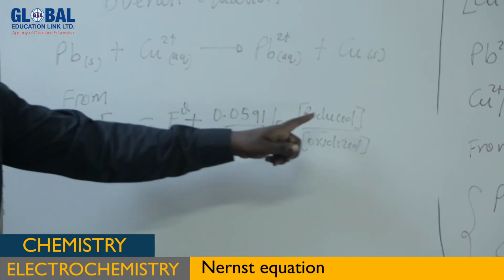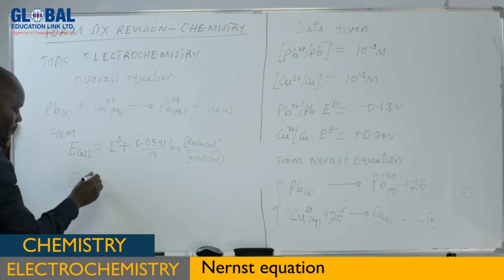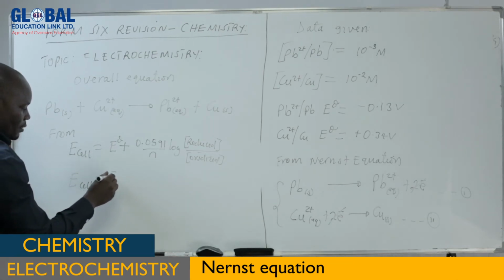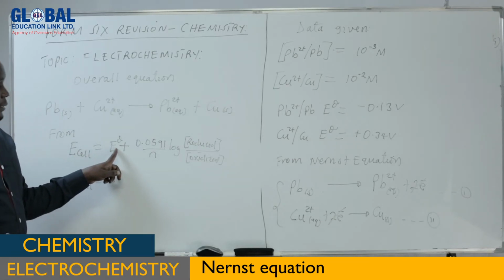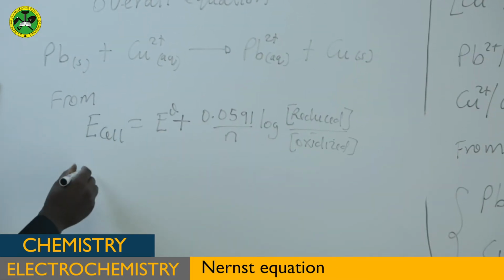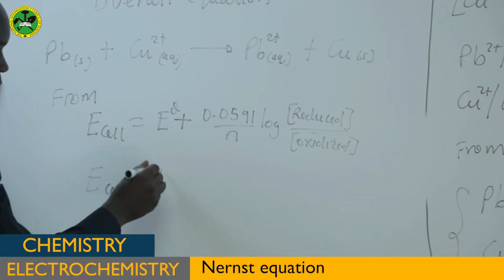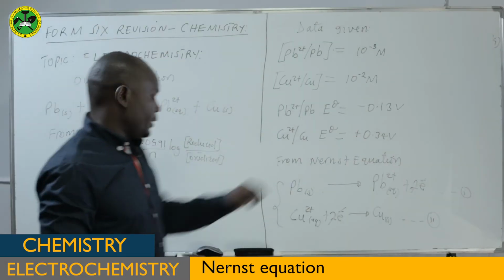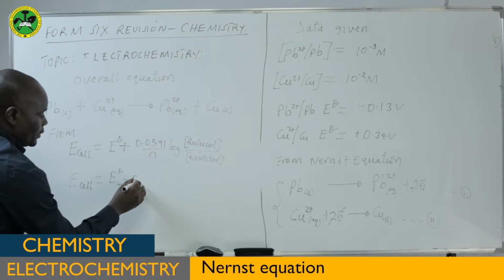But the EMF of a cell, we said that we just get it by taking E of cathode minus E of anode. And here it will be E of copper minus E of lead, which is the standard electrode potential of copper minus the standard electrode potential of lead.